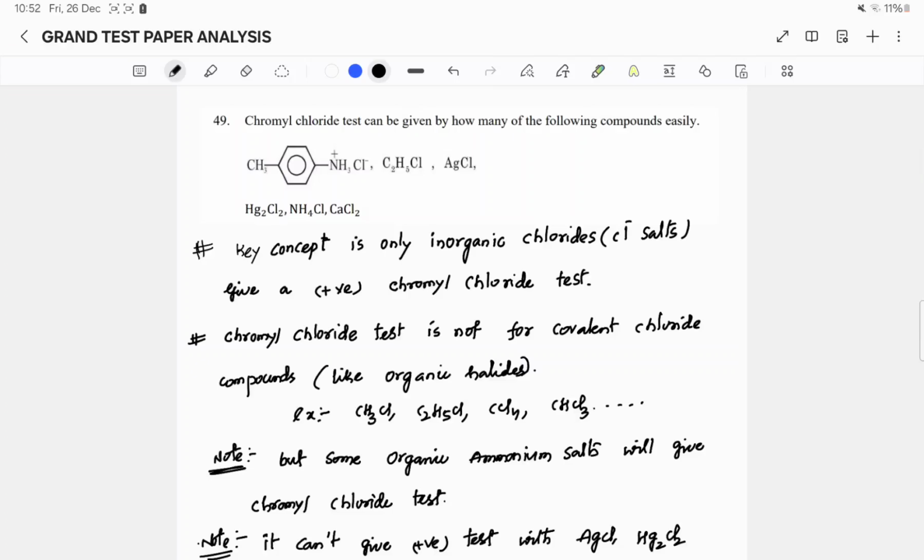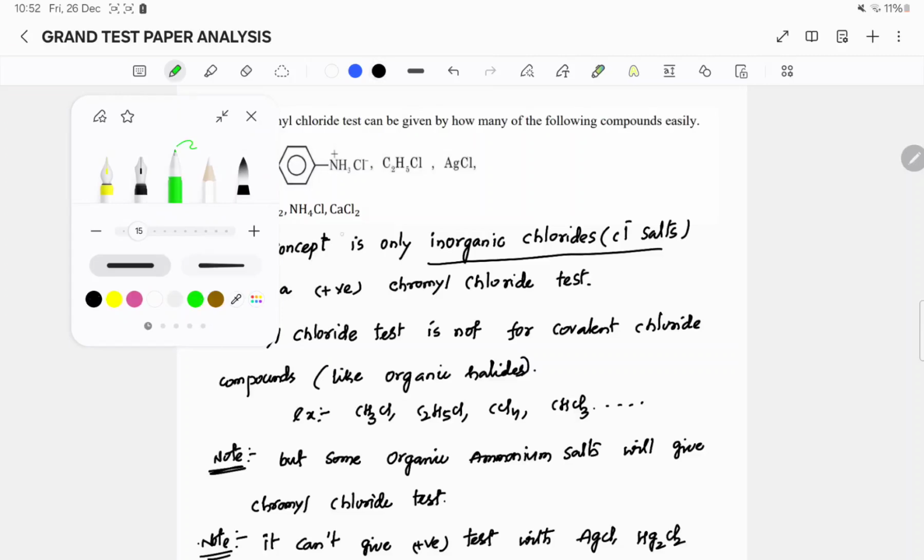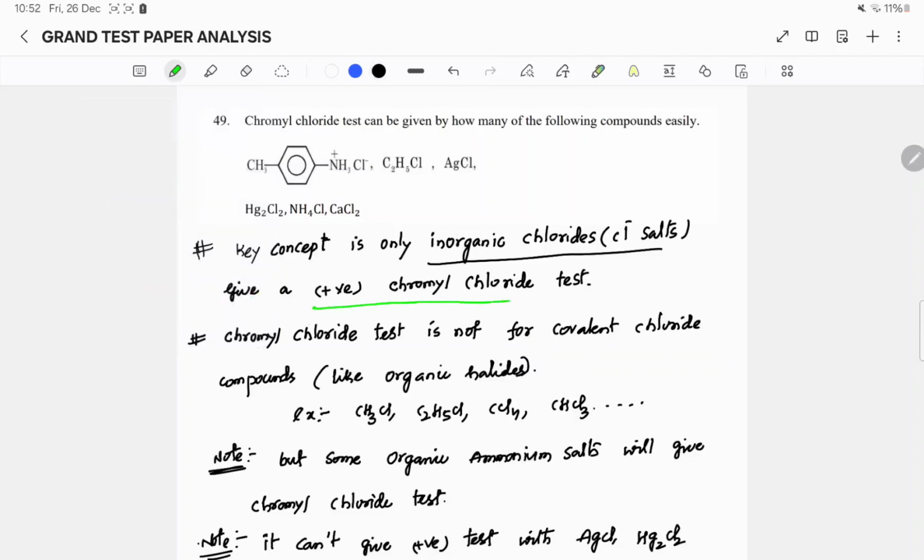Okay. Generally, the key concept for this question is, student, inorganic chloride salts. Inorganic chloride salts will give a positive chromyl chloride test. So inorganic chloride Cl minus salts will give the positive chromyl chloride test, right?